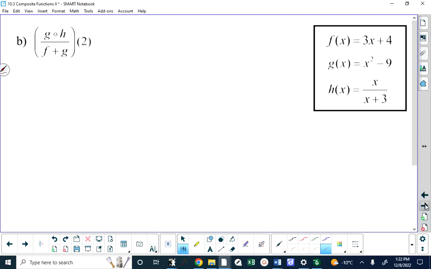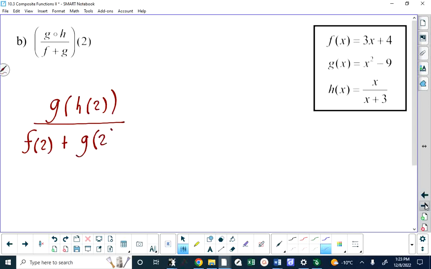What does that mean? G of h over f plus g of 2. It means g of h of 2 over f of 2 plus g of 2. And the way I view this thing, and I would recommend it to a student, is you view it as 3 tasks. You have 3 things to find.